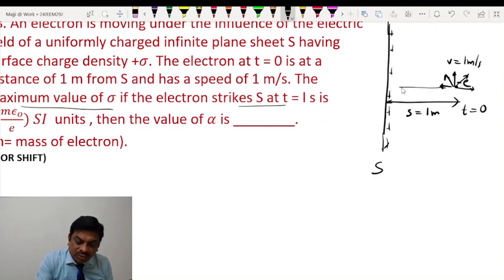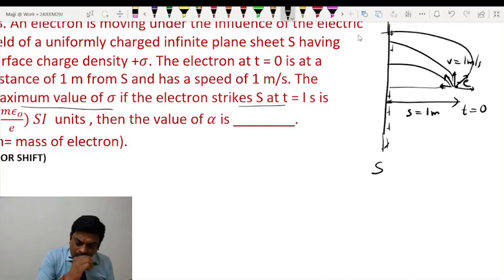So that means the electron could go like this, or like this, because anyway the sheet of charge will attract the electron.